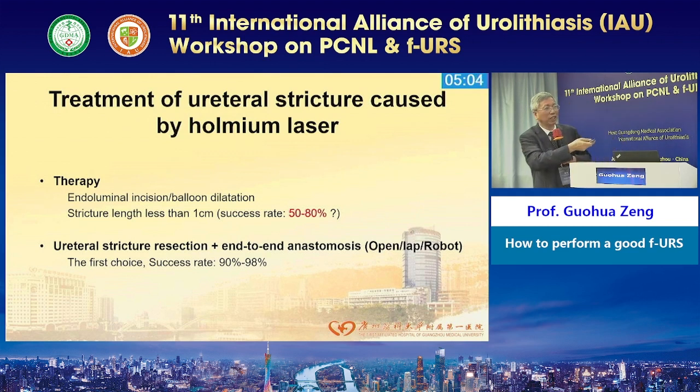I think the first choice is you must do stricture resection and end-to-end anastomosis. You can do open, you can do laparoscope, you can do robot. Remember, everybody, do not do balloon dilation, no fix. Outcome is too bad. Yeah, you must remember that.